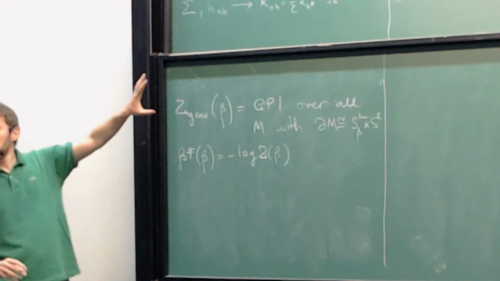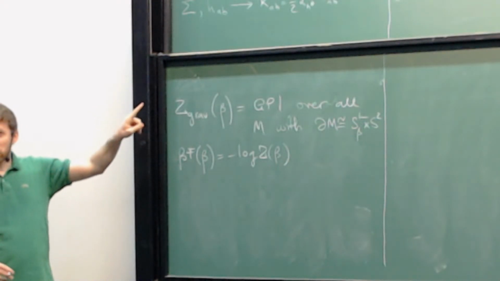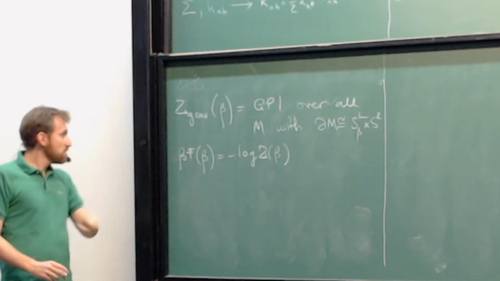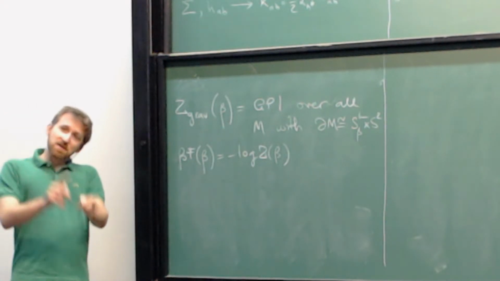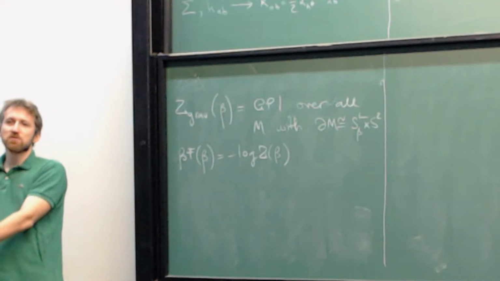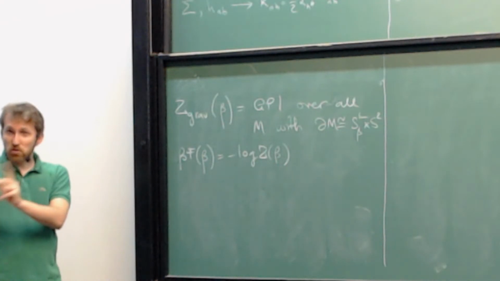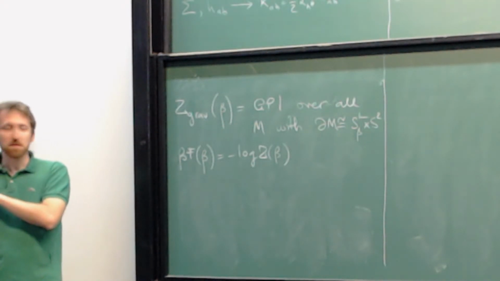So here I'll do the same, and since I have added the Gibbons-Hawking-York term, and this answers your question, I know that the saddle points, the things that extremize the action, will also be the solutions to the equations of motion of my gravity, which would not be the case had I not added the Gibbons-Hawking-York term.